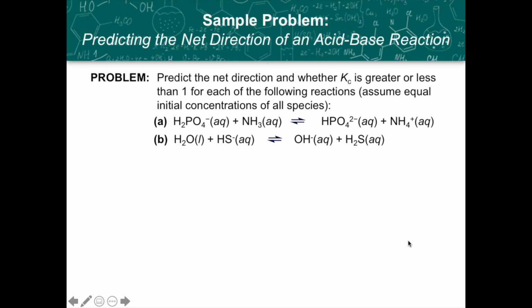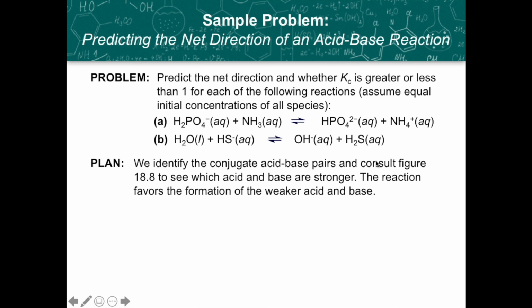Predict the net direction and whether Kc is greater or less than 1 for each of the following reactions, and assume equal initial concentration of all species. We have H2PO4- and NH3 forming HPO4 2- and NH4+. And for the second example, we have H2O and HS- forming OH- and H2S.